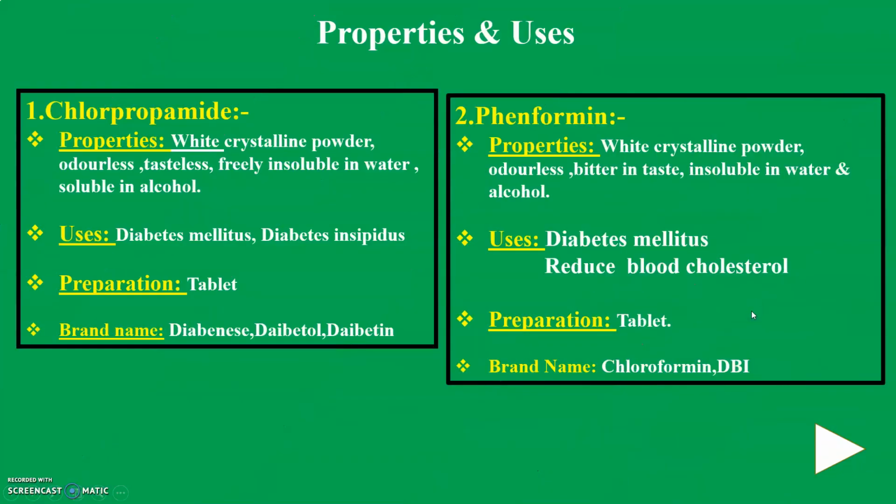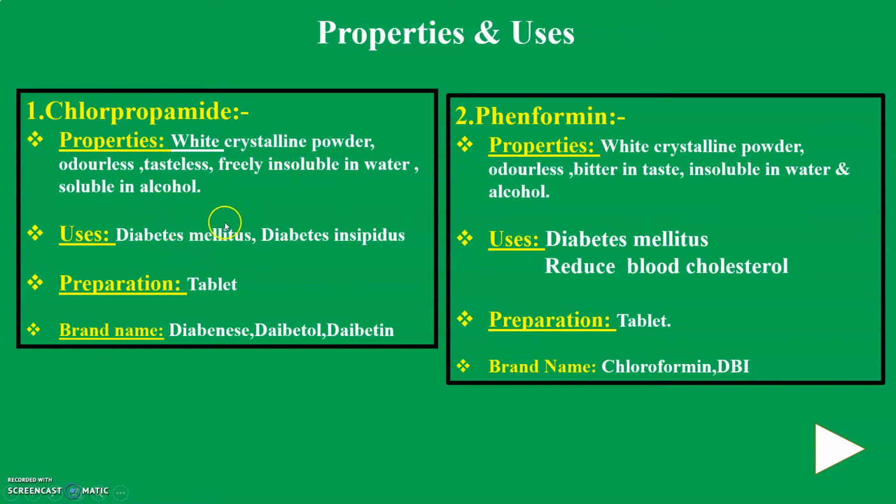Now the next, what are the properties and uses of the drugs? Here are the two drugs. First one is chlorpropamide and second one is phenformin. Chlorpropamide is a white crystalline powder, odorless, tasteless, practically insoluble in water but soluble in alcohol.